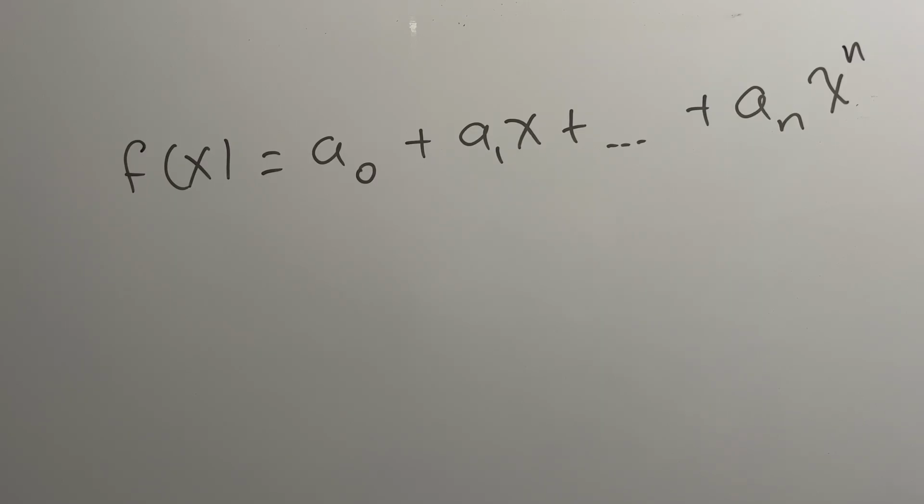The numbers multiplying the powers of x, a0, a1, a2, and so on, are called coefficients. The leading coefficient is the coefficient of the highest power of x that appears. In this case, that will be an. The leading term is therefore an times xn, the term that has the degree of the polynomial together with the leading coefficient.